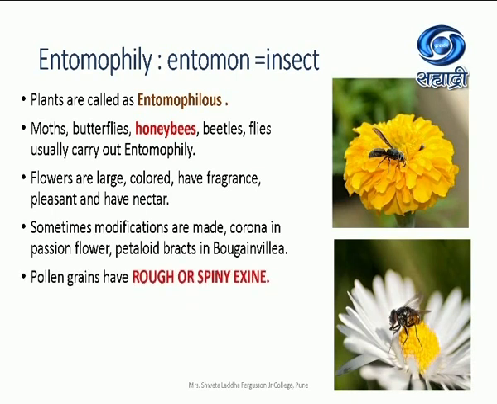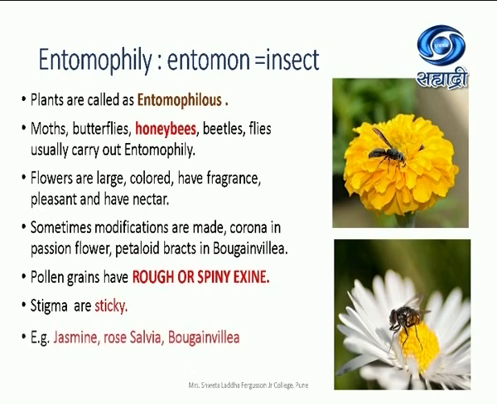Pollen grains have rough or spiny exine. Always remember students, in wind pollination, the exine is smooth. In flowers which are pollinated by insects, they have a rough or spiny exine. The stigma is sticky, so that the pollen grains attached to the legs of the insect get stuck to the stigma.